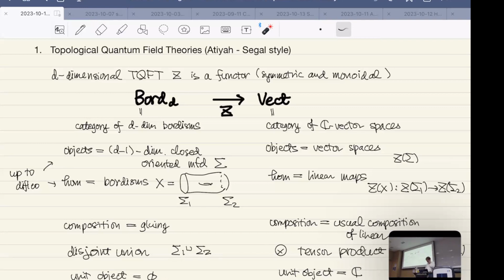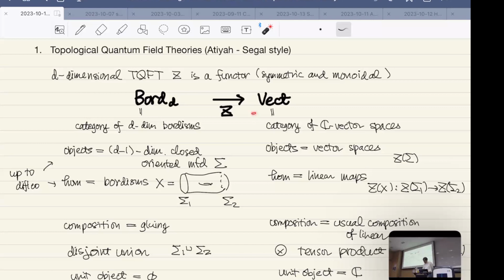If you consider the union of a (d-1)-manifold together with the empty set, then it doesn't change. And it corresponds to the unit object in the tensor product, which is just the underlying base field. Here I consider complex vector spaces. The base field is always the complex numbers.